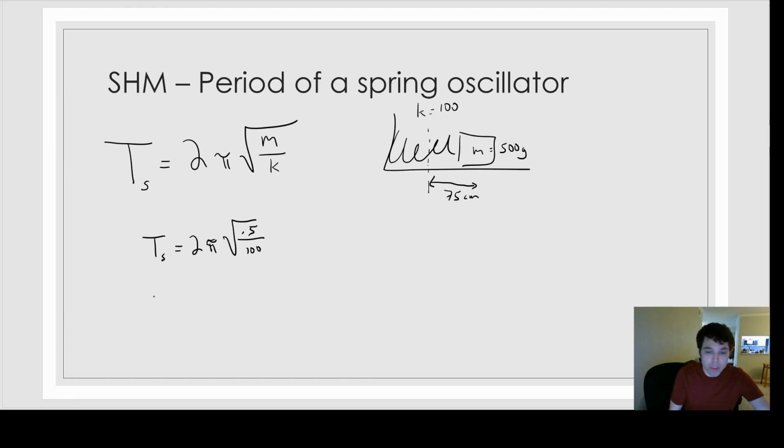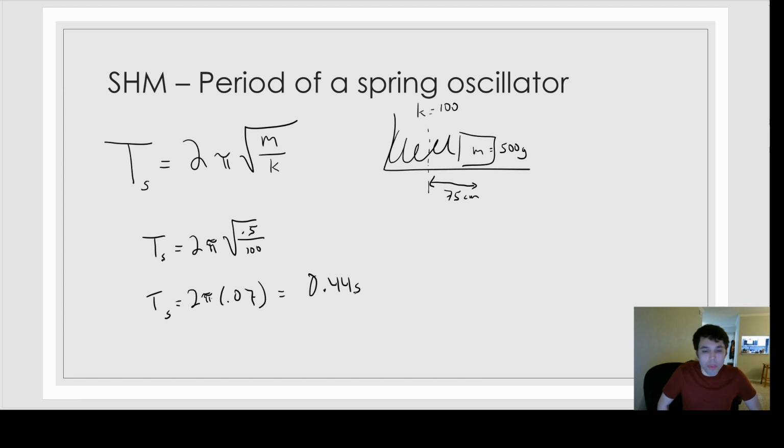So the period will be 2 pi times the square root of 0.5 over 100, which is 0.005. The square root of that is a very small number, 0.07. So that's 0.07 times 2 pi, which is 0.44. So a little less than half a second for that spring oscillator to make one complete cycle.